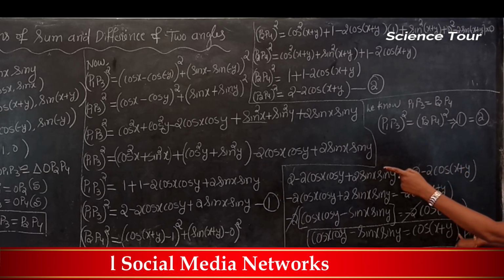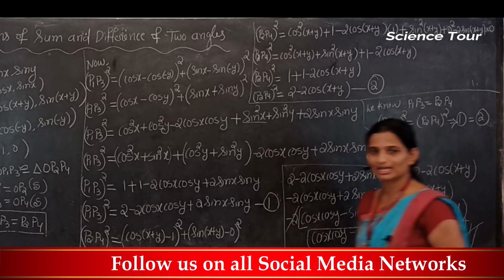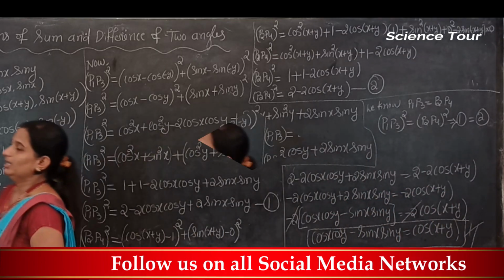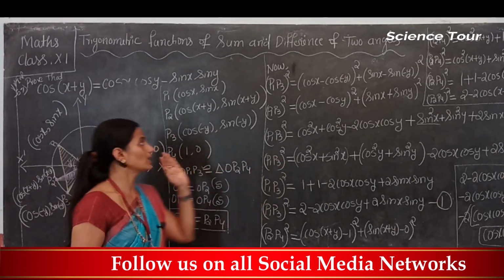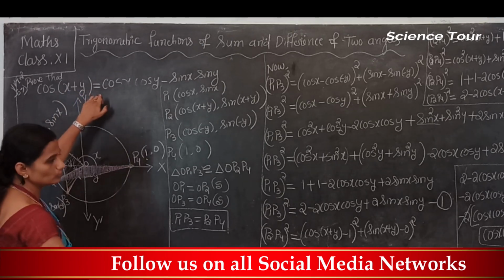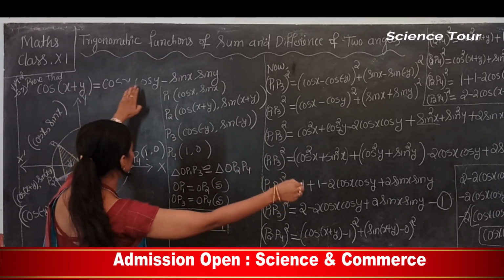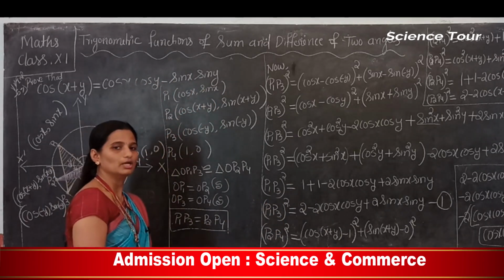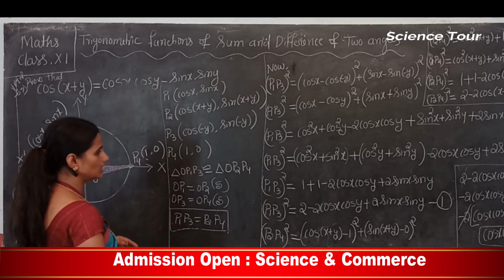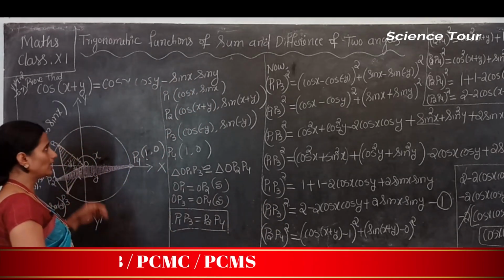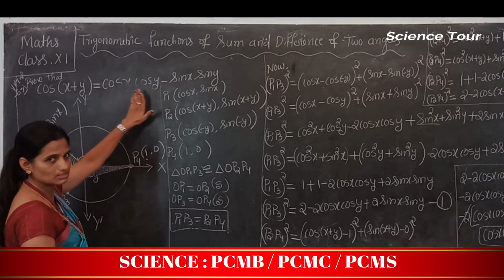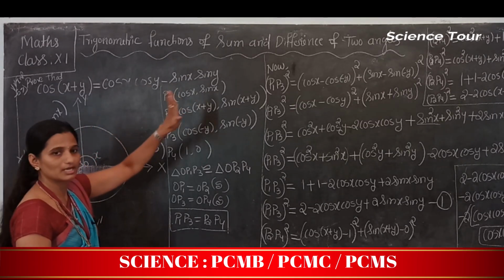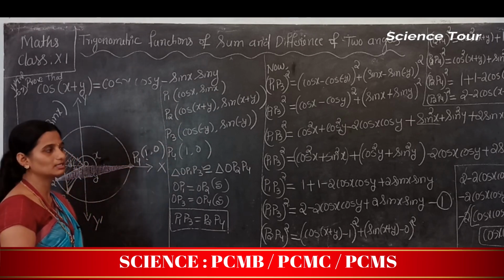Cos of x plus y is equal to, that we can write interchanging. So cos of x plus y is equal to cos x cos y minus sin x sin y. So the last conclusion is cos of x plus y is equal to cos x cos y minus sin x sin y, hence it is proved.